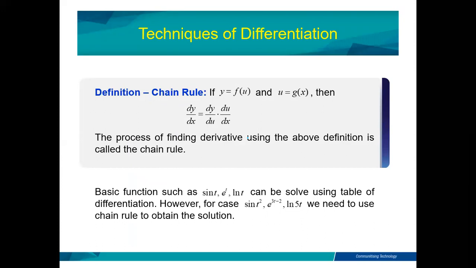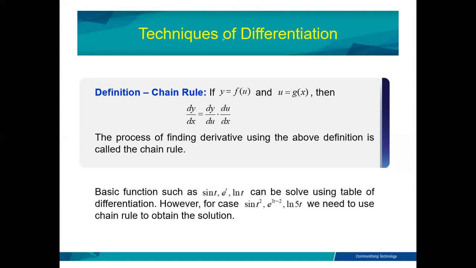Let's see the chain rule technique. When do we use the chain rule? If y is equal to f(u) and u is equal to g(x), then by the chain rule, dy over dx is equal to dy over du times du over dx.